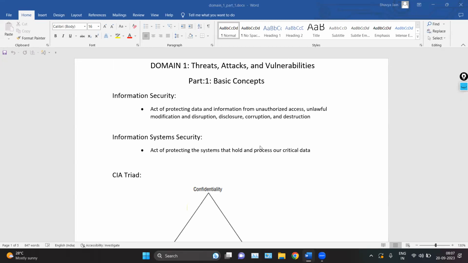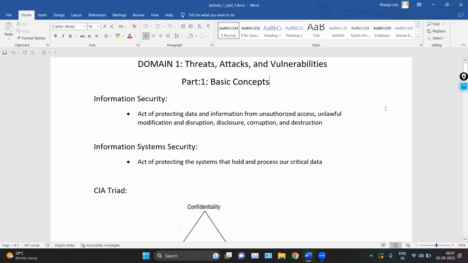So first one we have the definition of information security. The definition says: the act of protecting data and information from unauthorized access, unlawful modification, disruption, disclosure, corruption, and destruction.